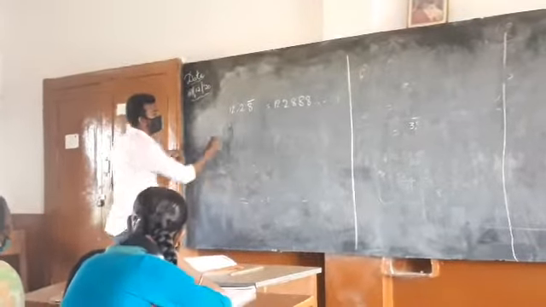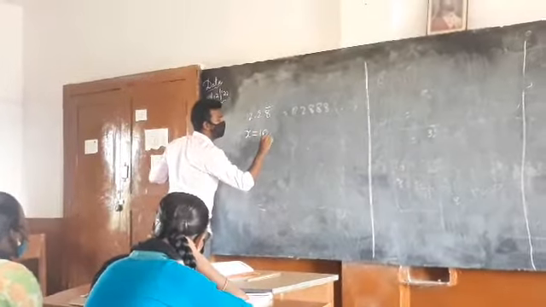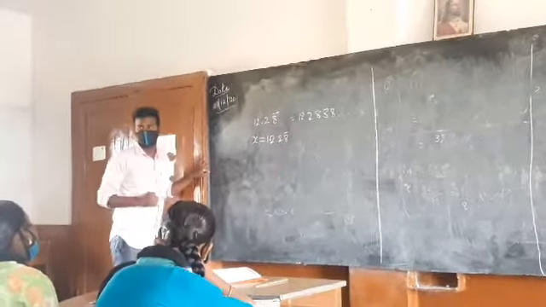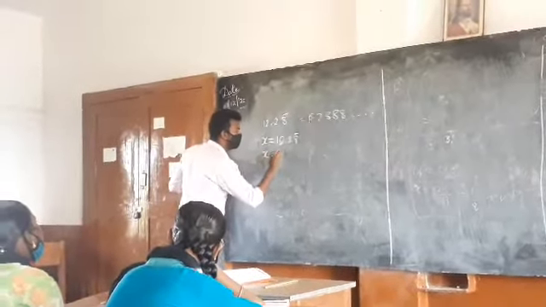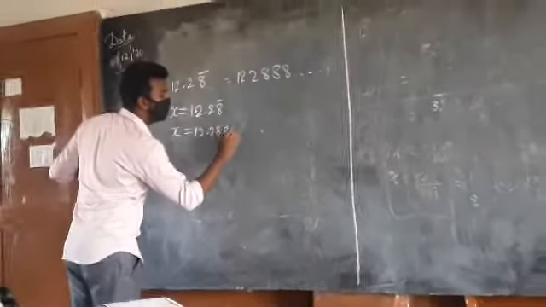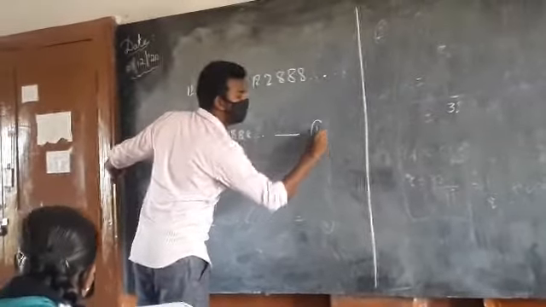Let me take this as x: 12.28 bar on 8, that equals 12.288 and so on. Take this as equation 1.